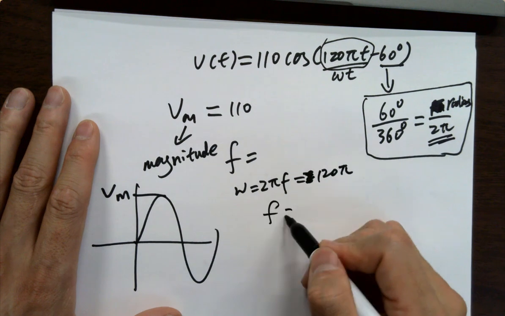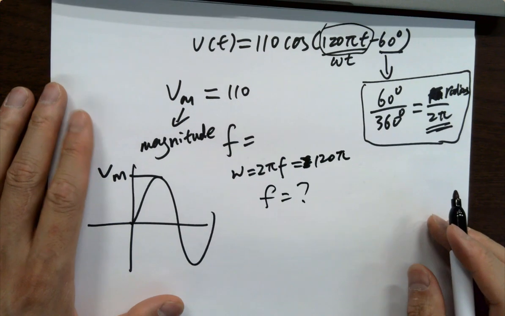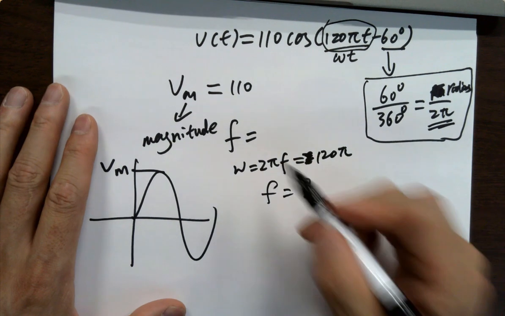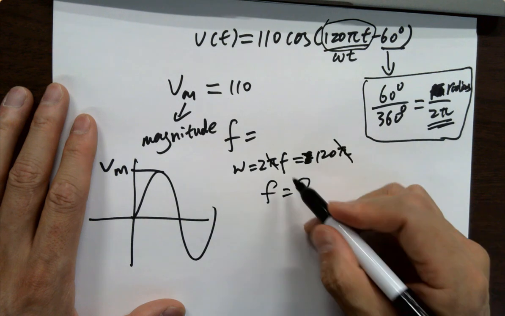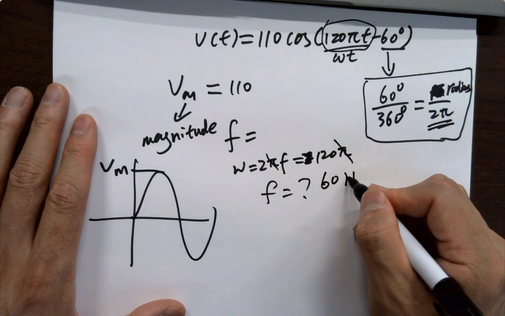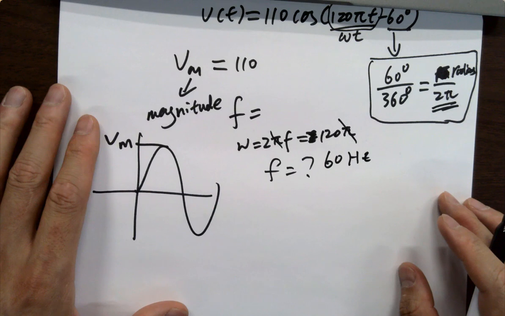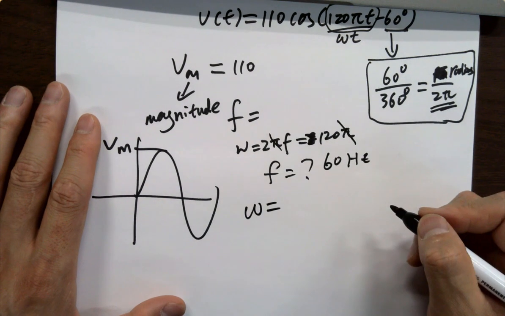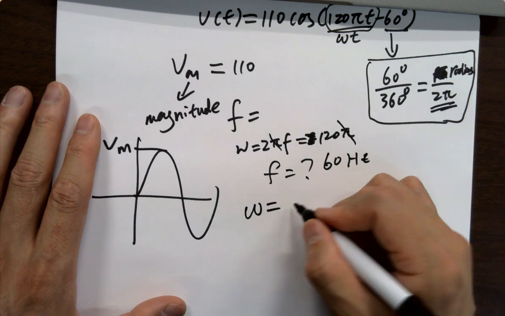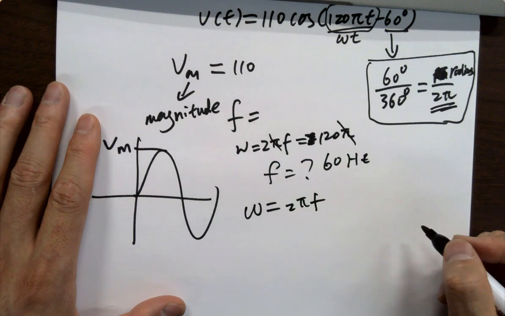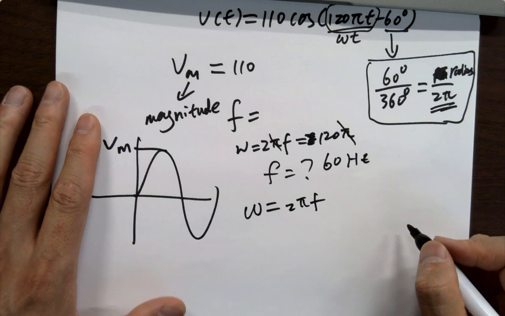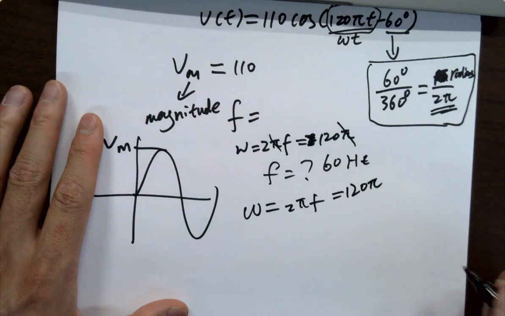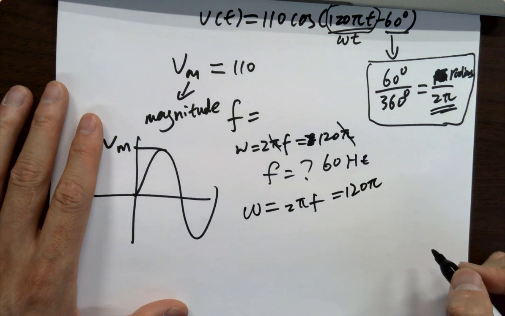Can I find f? Yes. Cancelled. So f is 60 what? Hertz. What is omega? 2 pi f. Is that correct? Yep.